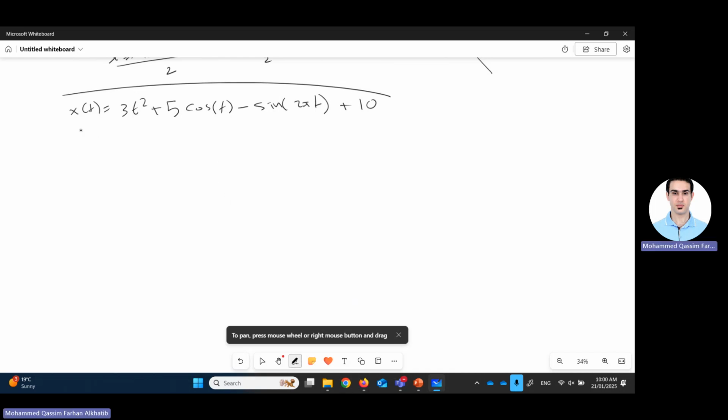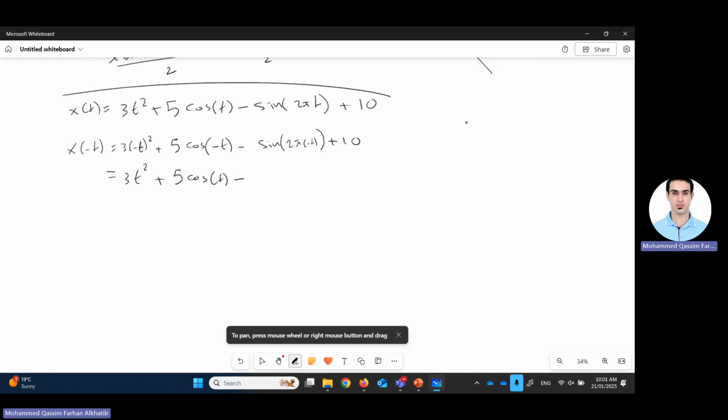Okay, so for such questions, start with finding x of negative t, which equals 3 times negative t squared plus 5 cosine of negative t minus sine 2 pi negative t plus 10. Negative t squared is going to remain t squared, since the negative is gone with the square. So I have 3t squared plus cosine of negative t. We know from the cosine properties that cosine of a negative angle equals cosine of the angle itself, so the negative sign will be gone. So I have 5 cosine of t minus.